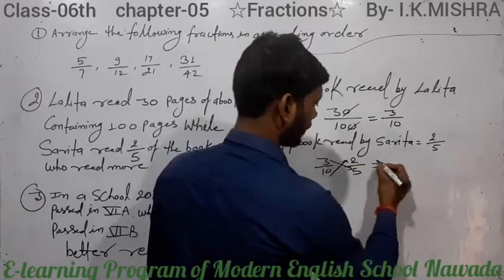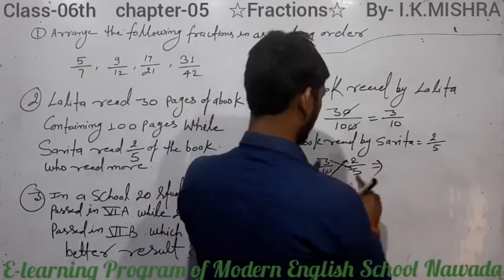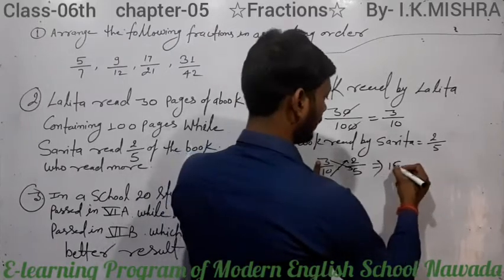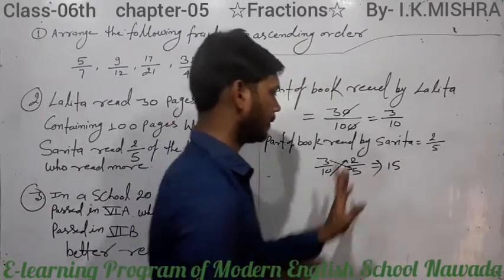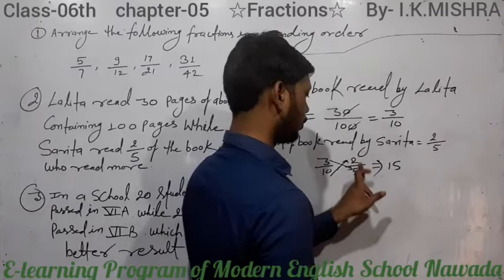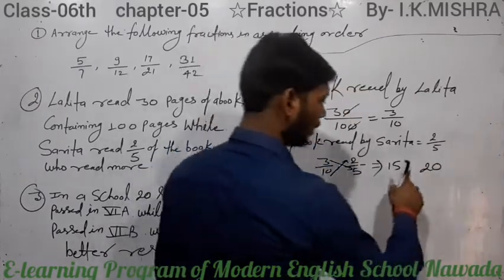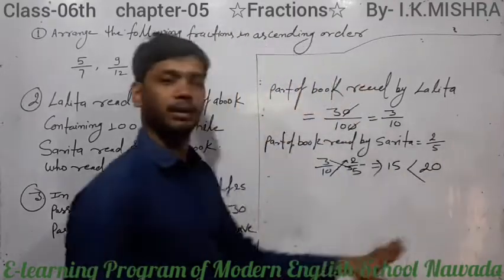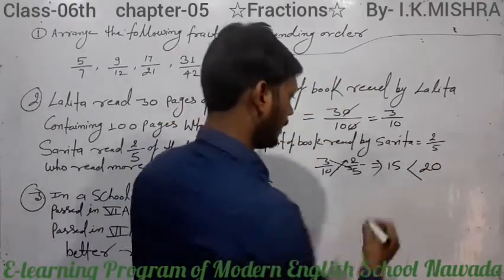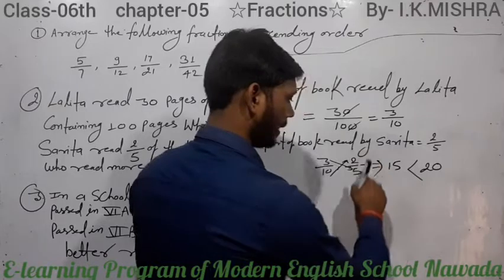You write 3 into 5 is equal to 15, and 10 into 2 is equal to 20. Students, observe, 20 is larger. That means the right side, 2 by 5, is larger.